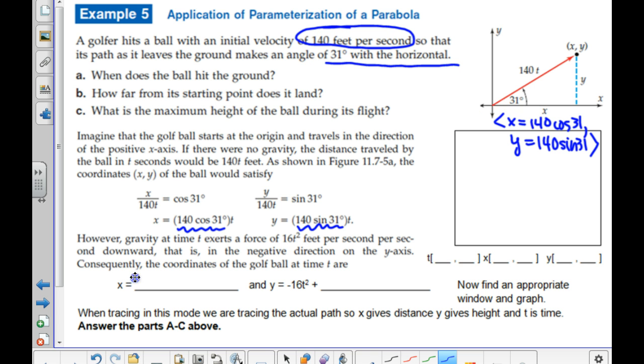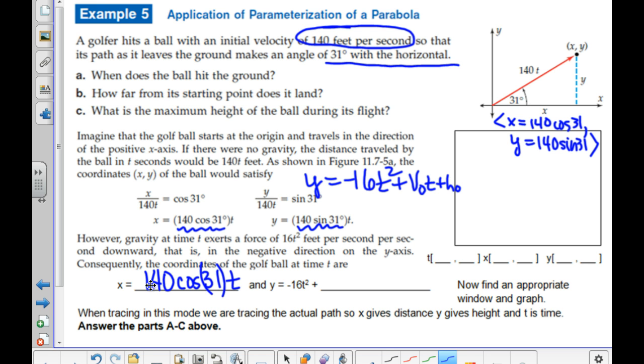Guys, please stop talking. We have to put these into our fancy equation that we started with. Y equals negative 16t squared plus v sub 0 t plus h sub 0. This x component is going to be what's causing it to go this way. We're going to write that here: 140 cosine of 31, and I'm going to put the t at the back.